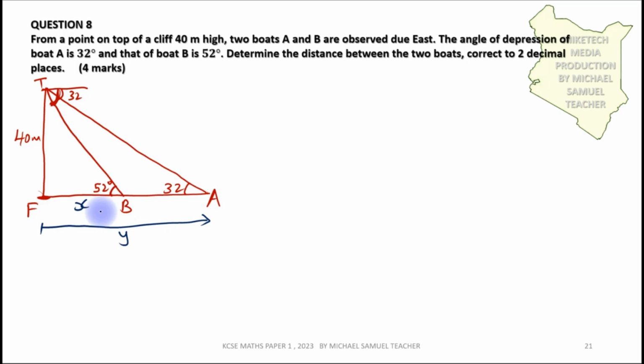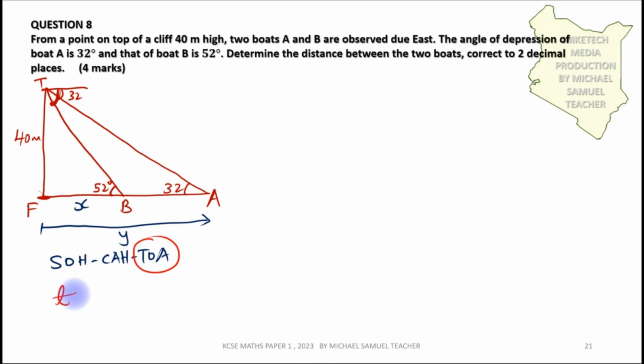Therefore, using trigonometric ratio, we have SOHCAHTOA. In our case, we know the opposite, and also we have the adjacent, and we have the angle. So we are going to use tangent is opposite over adjacent.